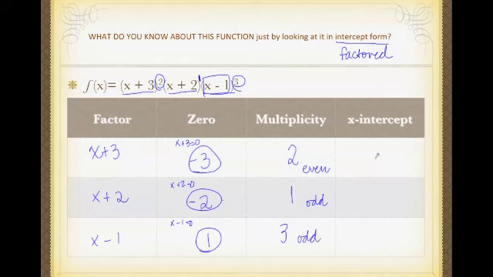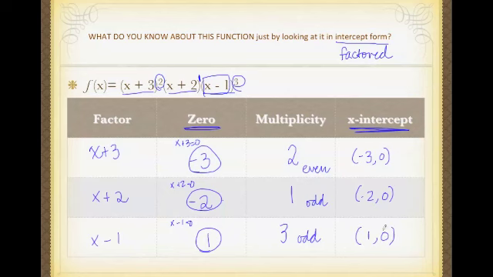So then I can talk about my x-intercepts. I know that zeros are almost synonymous with x-intercepts, but when we're talking about x-intercepts, you need to give it in ordered pair form. So the ordered pairs would be -3, 0, -2, 0, and 1, 0.